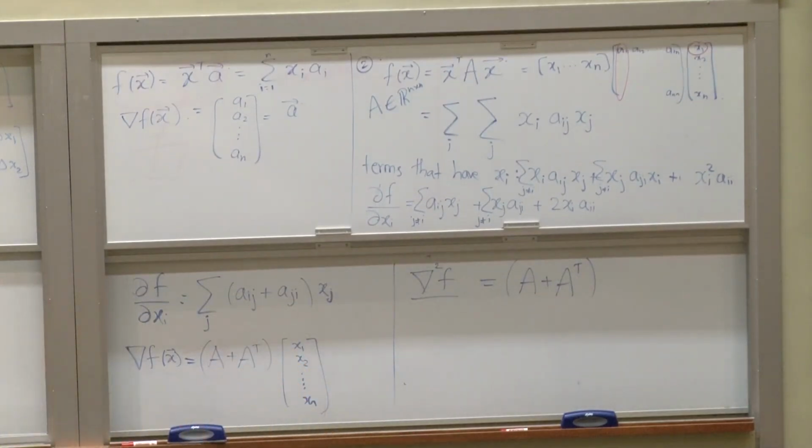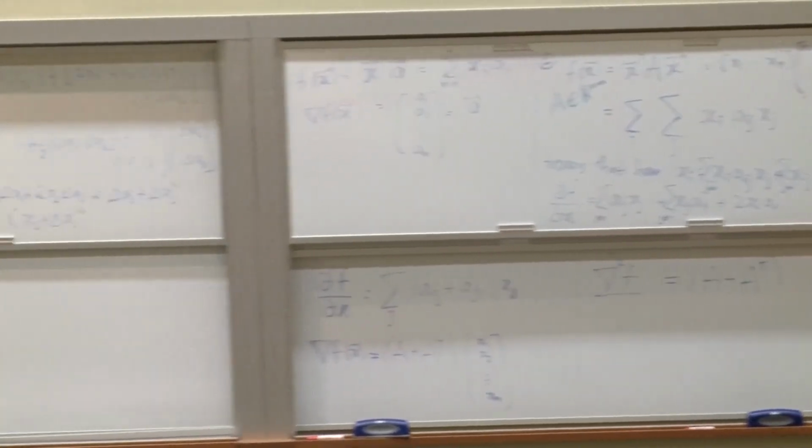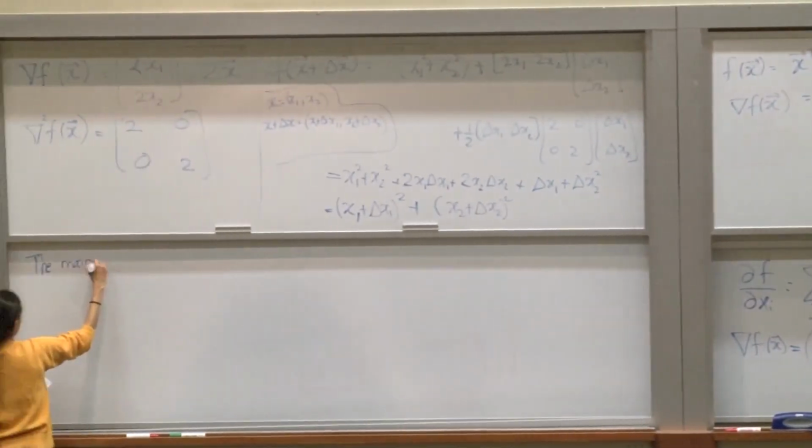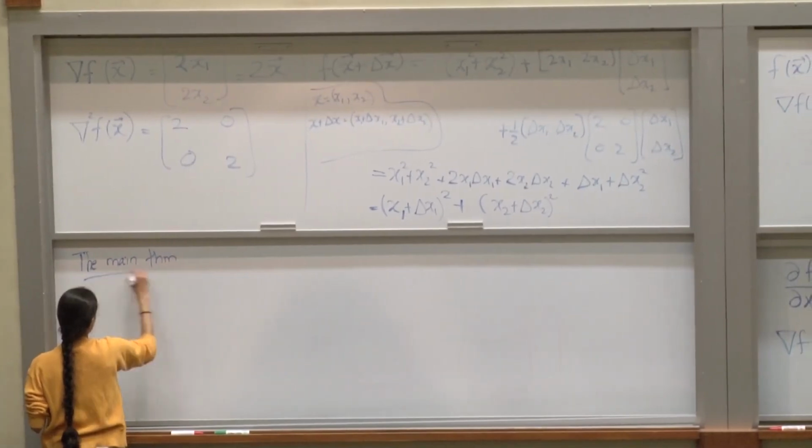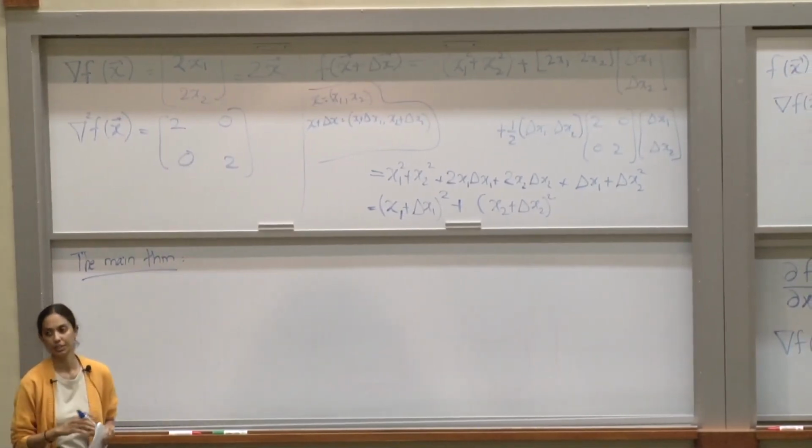Okay. So why are we going to do all of these calculations about gradients and Hessians and derivatives, right? What is the point of all of this? The point is that we want to be able to use what I'm going to call the main theorem when we're doing optimization.